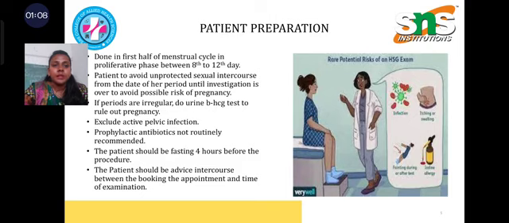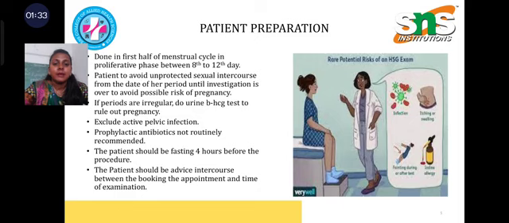Patient preparation: done in the first half of the menstrual cycle, in the proliferative phase, between the 8th to 12th day. Patient to avoid unprotected sexual intercourse from the date of a period until the investigation is over to avoid possible risk of pregnancy. If periods are irregular, do a urine BHCG test to rule out pregnancy.